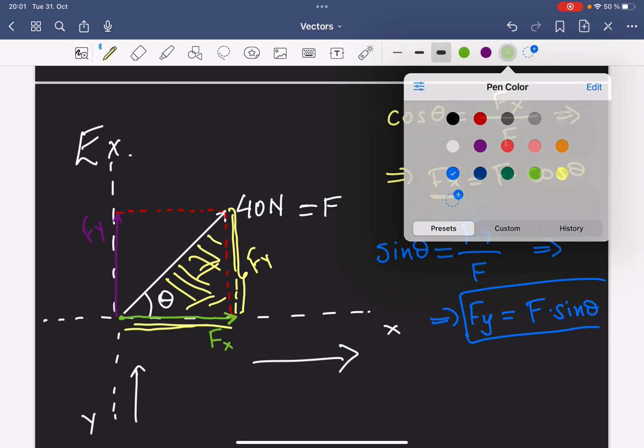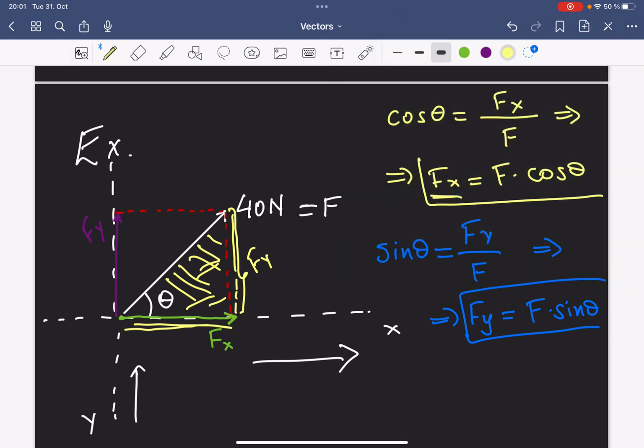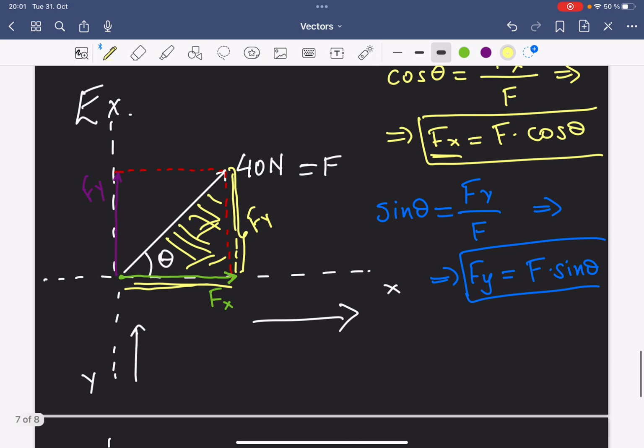So this is the way to split your force, to resolve one force into its components.